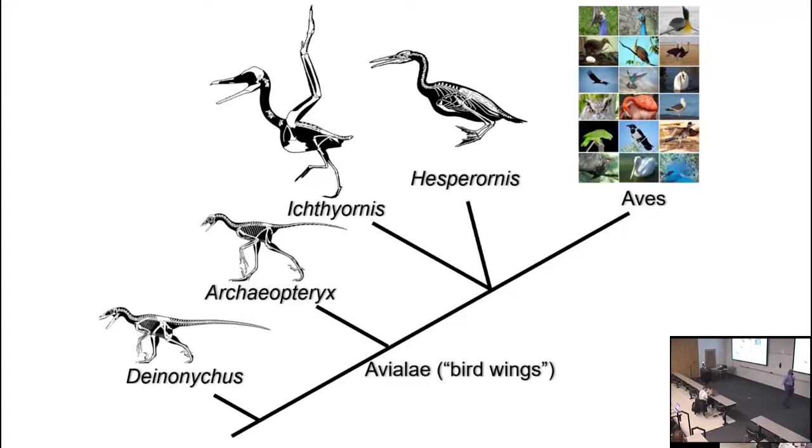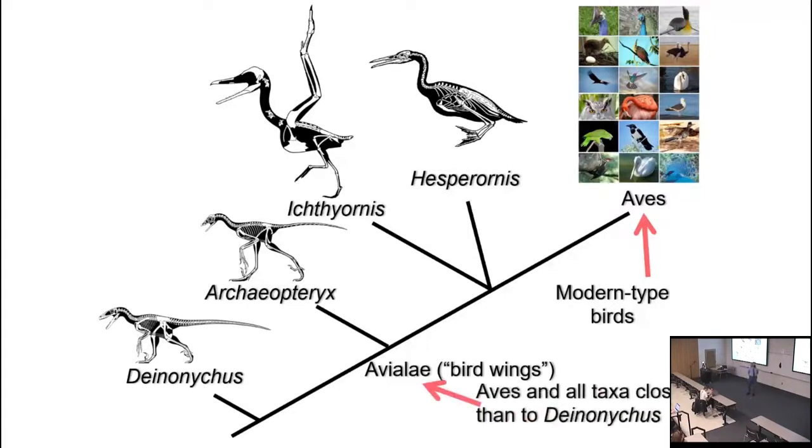So in 1986, with the first big cladistic study of birds and other dinosaurs, Jacques Gauthier proposed this term Avialae, bird wings. That's the clade of everything closer to modern birds. So Aves is restricted to the modern style birds, and Avialae is the clade of everything that's Aves and everything closer to Aves than to Deinonychus.